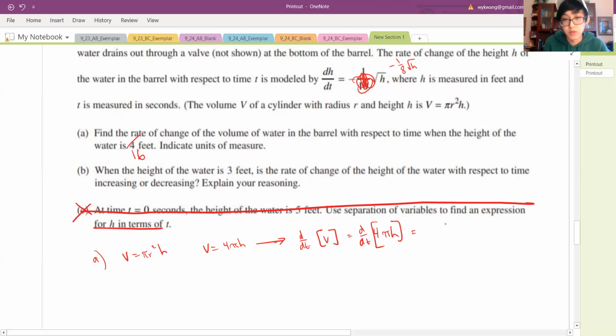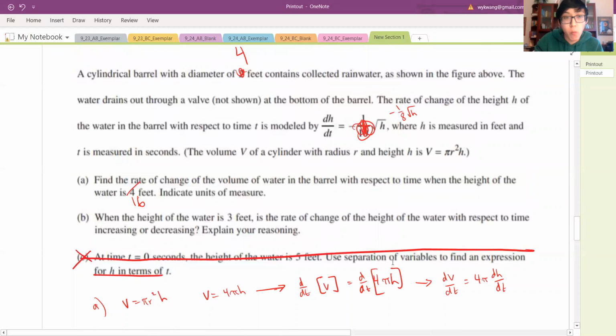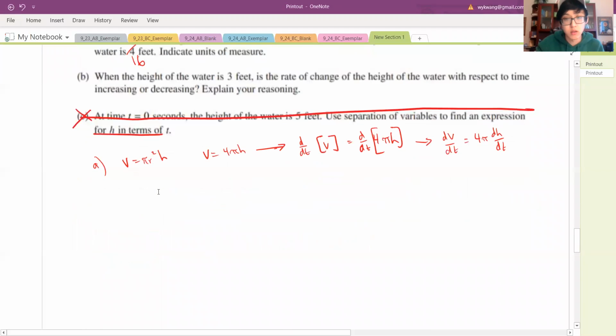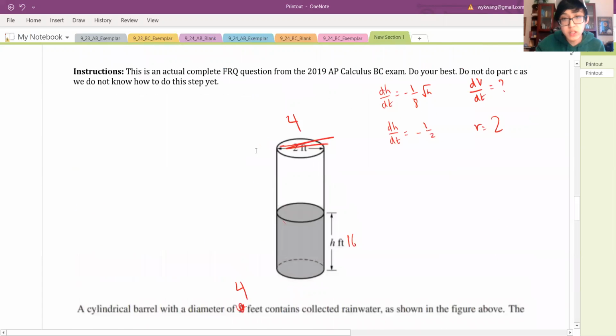So dv over dt, right, is equal to 4 pi dh over dt. Cool. And then we're told what dh over dt is at 16 feet. We already calculated that. So dv over dt is equal to 4 pi dh over dt.